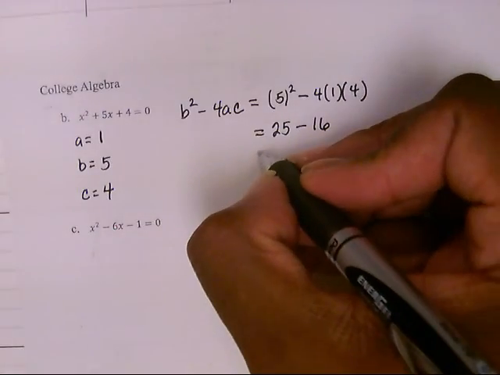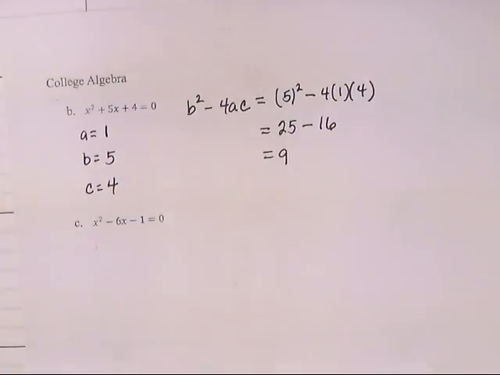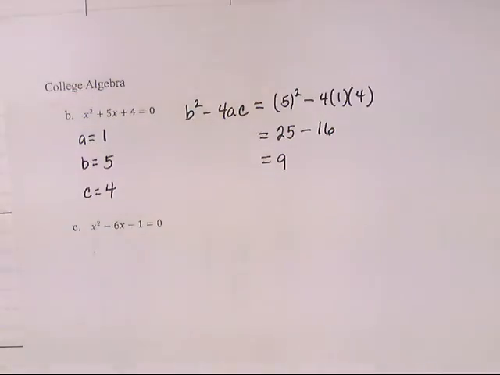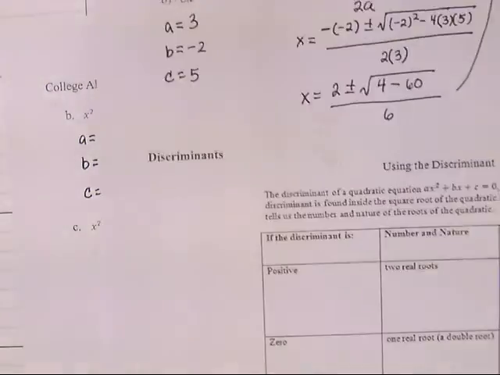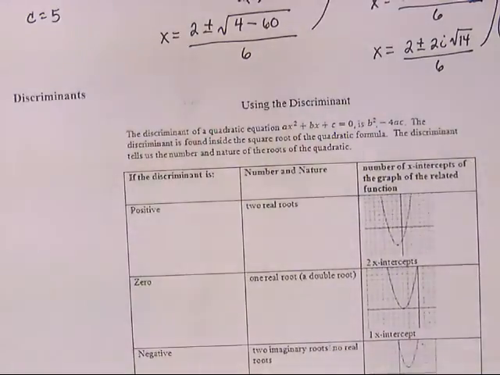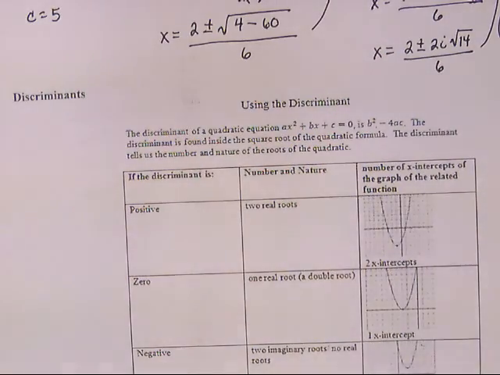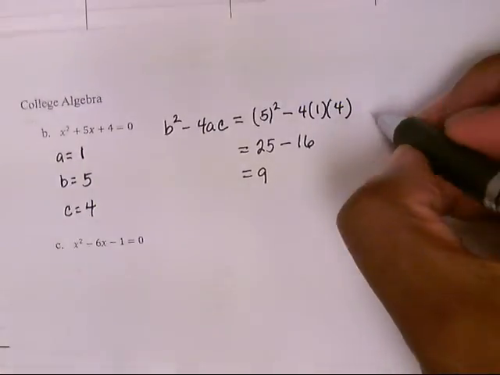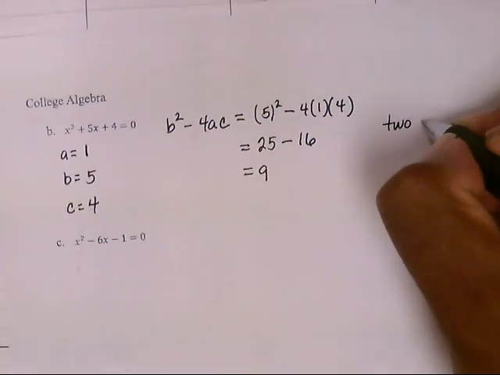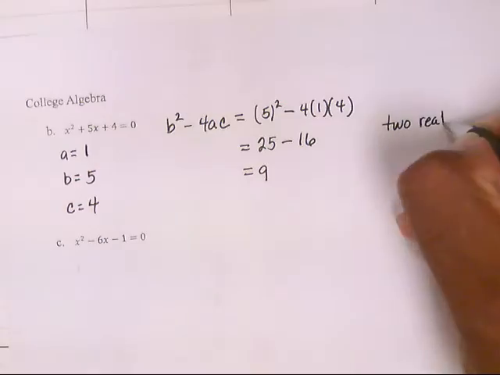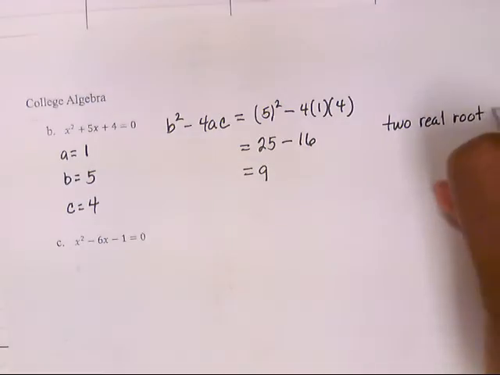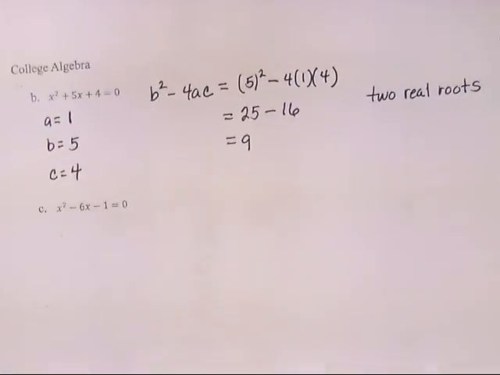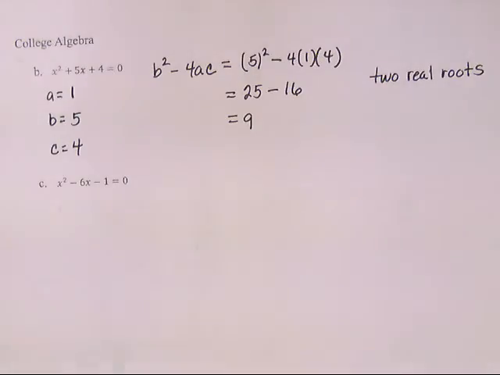And then 25 minus 16 will end up being 9. Now here, 9 is a positive number. Your discriminant is 9. It is positive. So that tells me I'm going to have two real roots. That means that this graph, if I was to graph that, it would cross the x-axis at two different points. So that would be two real roots.